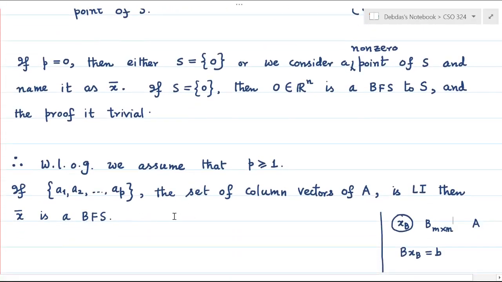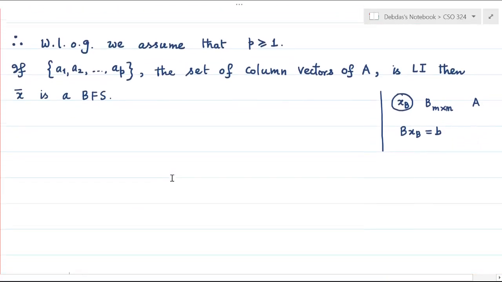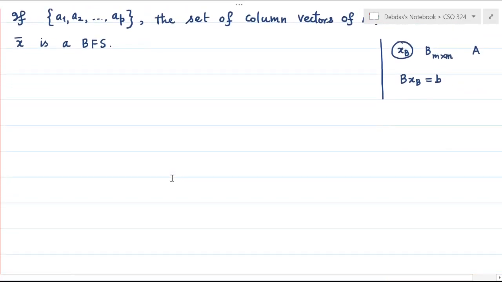So here, to prove that x bar is a basic solution, what do we have to prove? We have to prove that there exists one m by m non-singular submatrix of the matrix capital A, by which you will obtain B x equals b and xb will be equal to the point x bar. Fine.